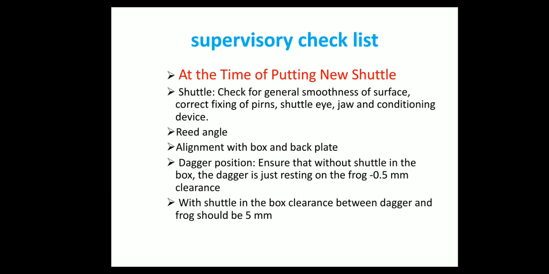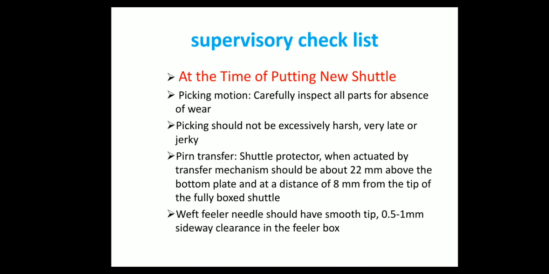Reed angle, alignment with box and back plate. Dagger position: ensure that without shuttle in the box the dagger is just resting on the frog, 0.5 mm clearance. With shuttle in the box, clearance between dagger and frog should be 5 mm. Picking motion: carefully inspect all parts for absence of wear and tear.